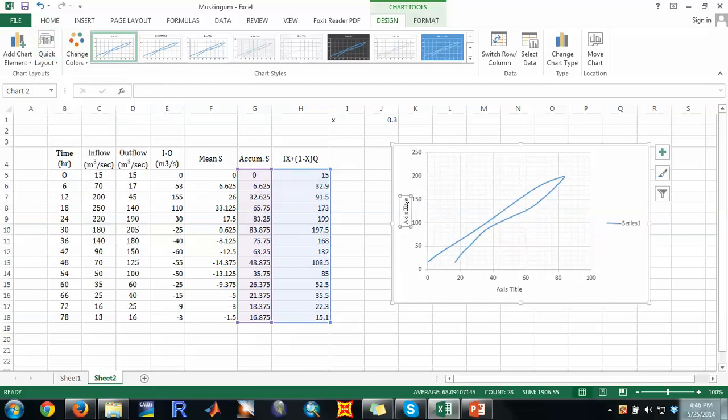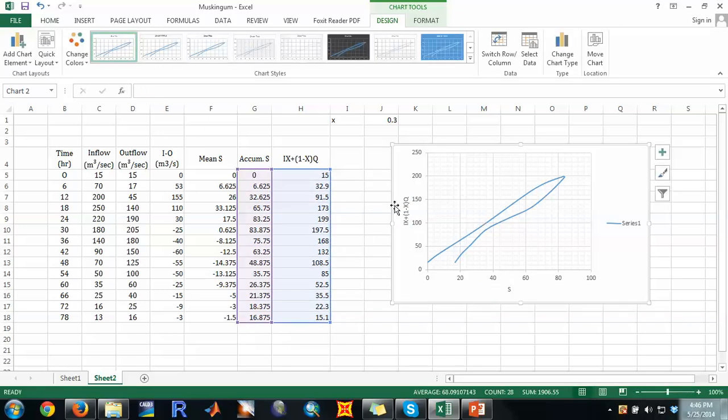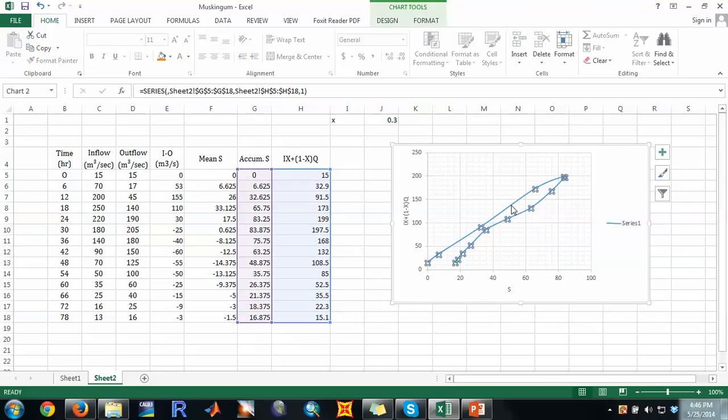In this we have xI plus (1 minus x)Q, and here we have the S. The optimal value of x depends on x. We only find the optimal value of x when this curve is narrow enough, which means when the estimates going upward and downward meet each other, when they are the same. Then that is our optimal x value.